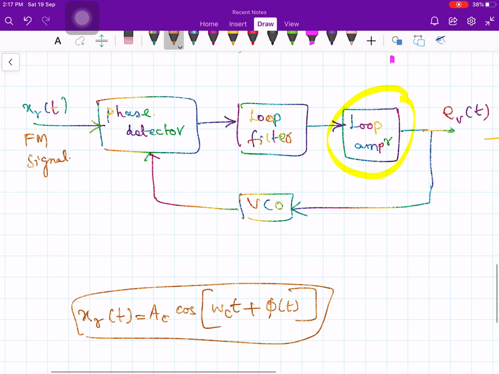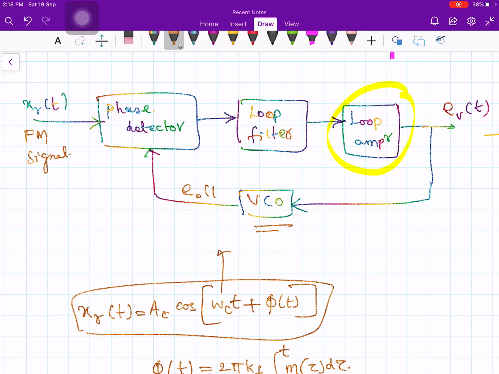So your VCO, voltage controlled oscillator, is in this loop, and it will produce another signal of a similar kind. We don't know what it will be exactly. So let's say this voltage controlled oscillator signal is E naught of t.